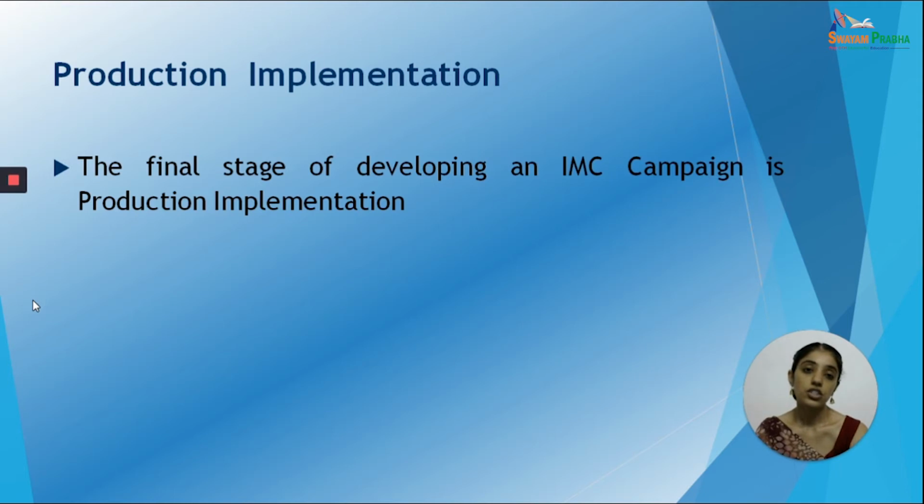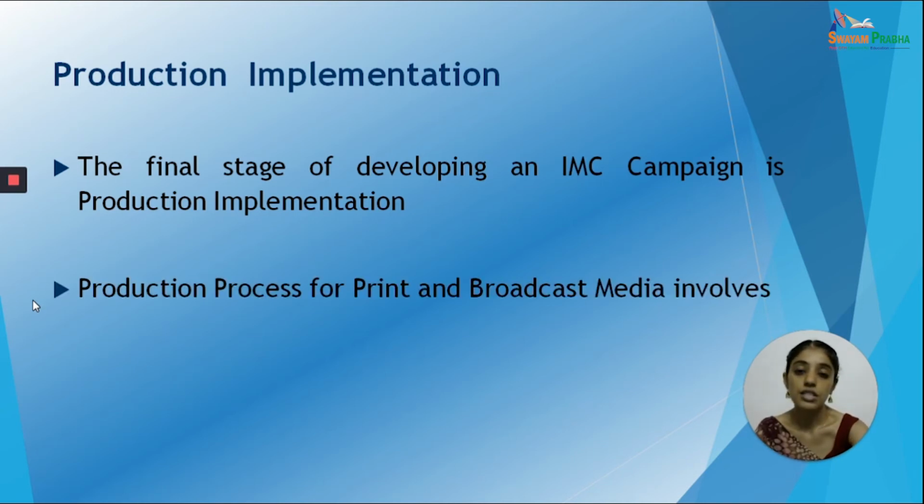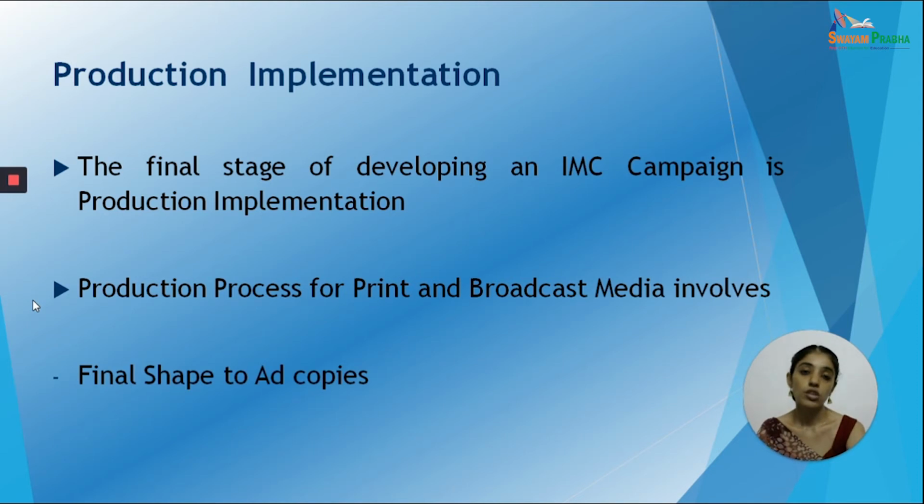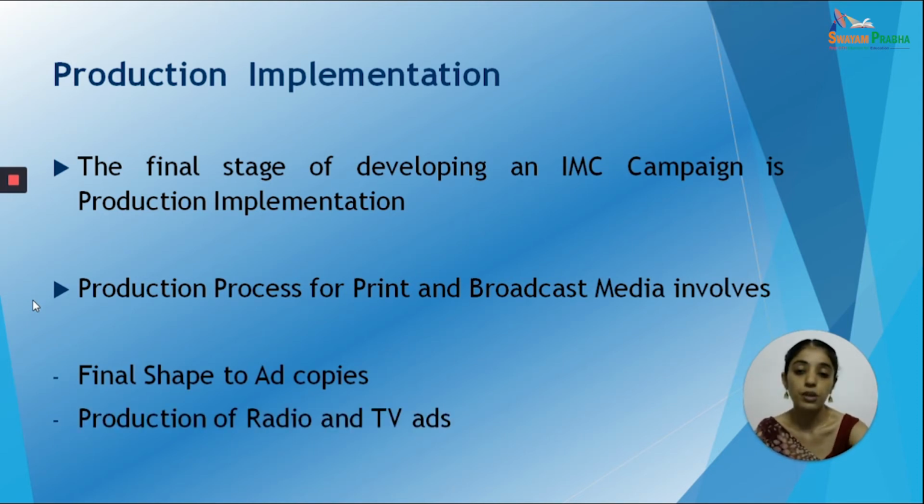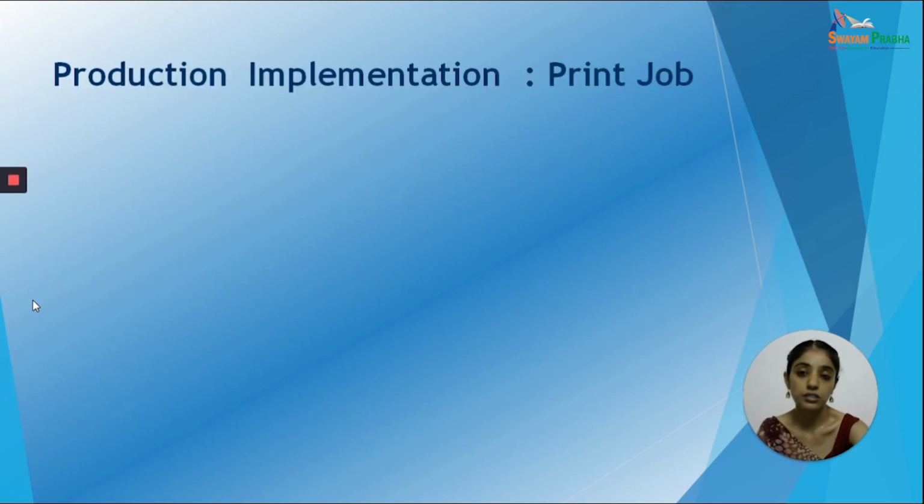The final stage in IMC campaign planning is production implementation, where you are giving that final shape to your advertisements. We are going to discuss in this lecture the production process for both print and broadcast media. For print, it involves giving final shape to the ad copies on design softwares, on your new media platforms. And for broadcast, we are going to discuss the production of radio and TV ads.